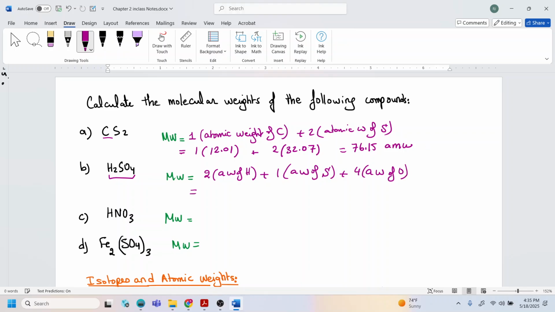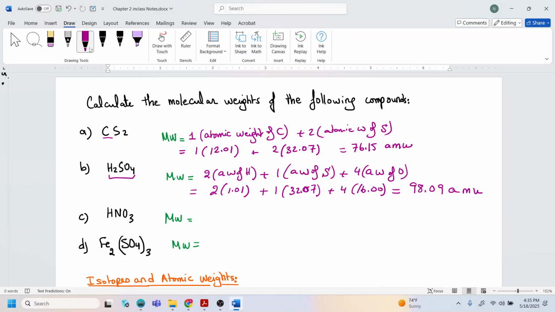Go ahead from the periodic table and get those numbers. It's 2 times 1.01 plus 1 times 32.07 plus 4 times 16.00, and that is equivalent to 98.09 atomic mass unit.